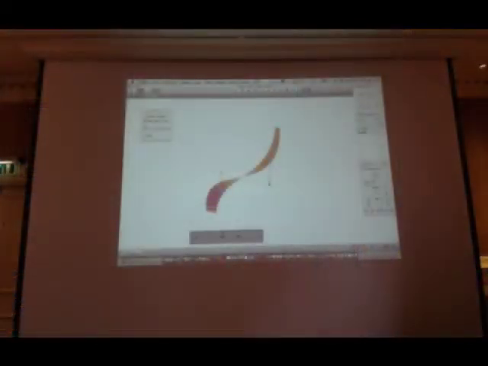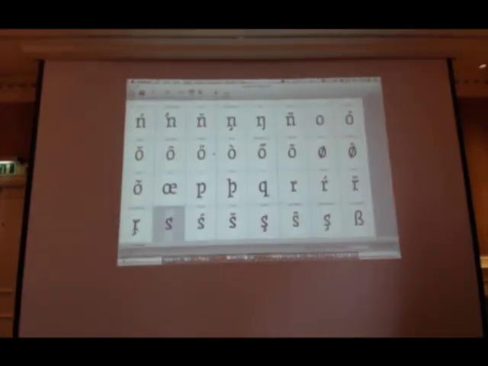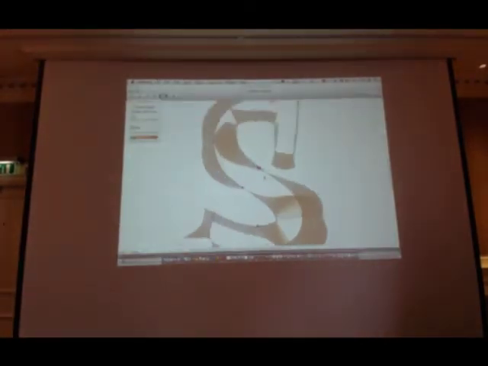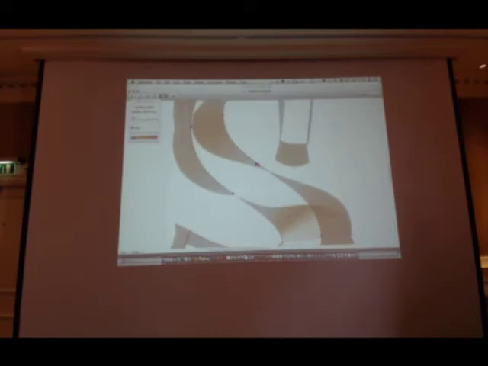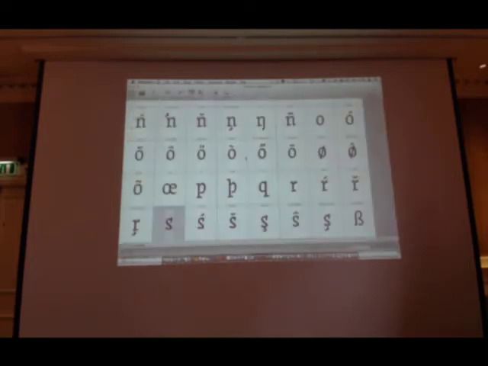And while this should be avoided in most letters, there's of course a letter where this is necessary, which is the S. You see the curvature crossing into the other side. In this case, it's necessary. I think that's it, really.